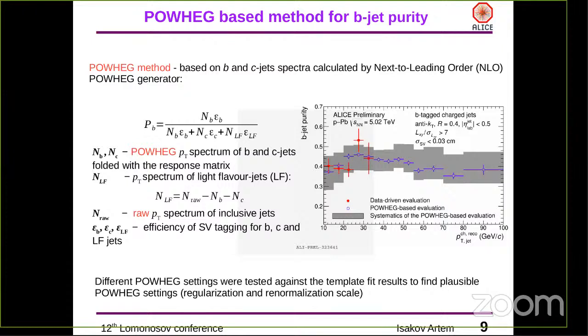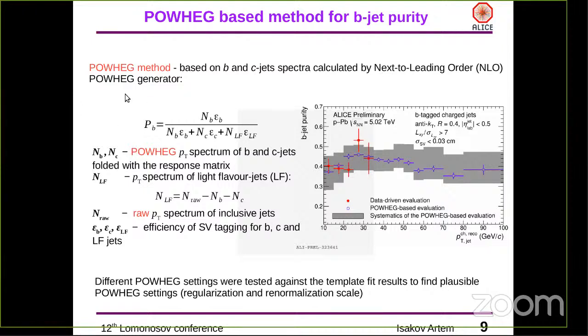On the next step, we calculated the pT spectrum of light flavor jets on the detector level as a subtraction of the raw pT spectrum of inclusive jets minus the b and c jet spectra. And finally, the purity of b-jets can be estimated with a formula which you can see on the slide.